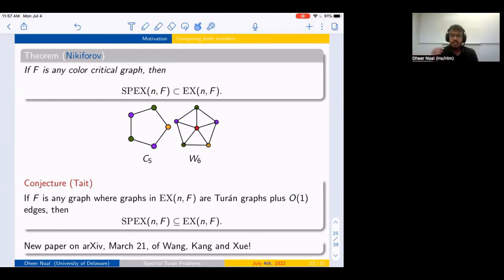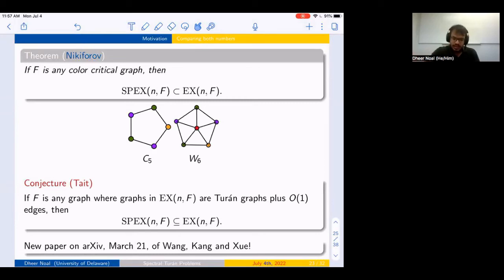So we've seen a bunch of results where the spectral extremal graphs are edge extremal, and then there are some cases where this doesn't happen. A conjecture of Tait is that if your edge extremal graphs look like Turán graphs plus some constant number of edges, then the spectral extremal graph is also going to be edge extremal.